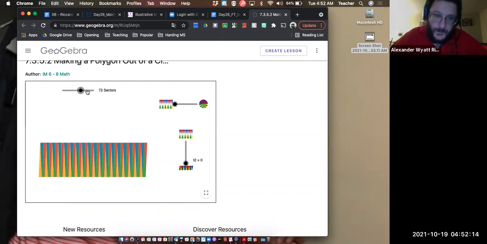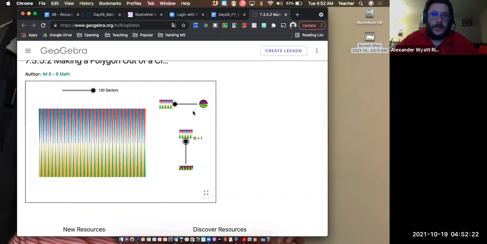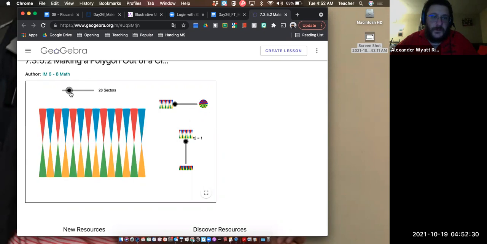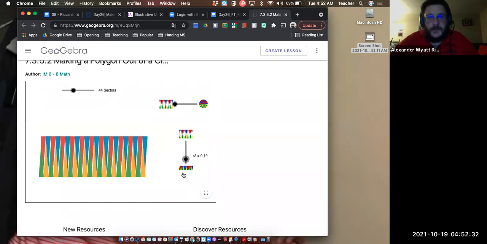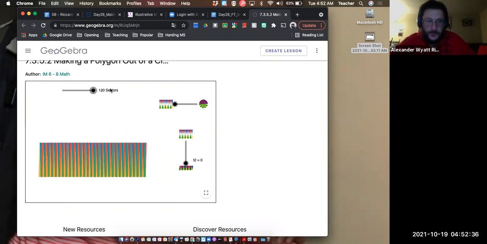Now, if you were to go to like 120 sectors, now it is a polygon that you know, a rectangle or a parallelogram. Because if you went to like 50 or so and left it there, it's more like a parallelogram. But if you bring it out to about 120 sections, it looks like a parallelogram.